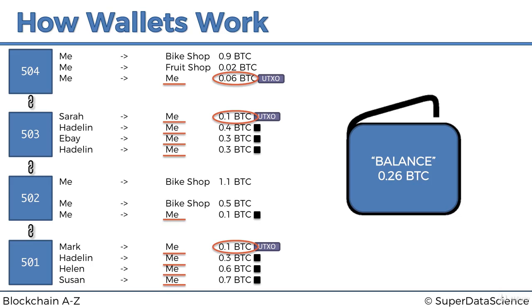You have, say, $300 on your bank account. That means in the bank, there is $300 in an electronic ledger. On a blockchain, this is for our convenience. It doesn't actually exist, this money, as a number in the blockchain. It exists as a combination of the UTXOs that you have available to you. And that's all it is.